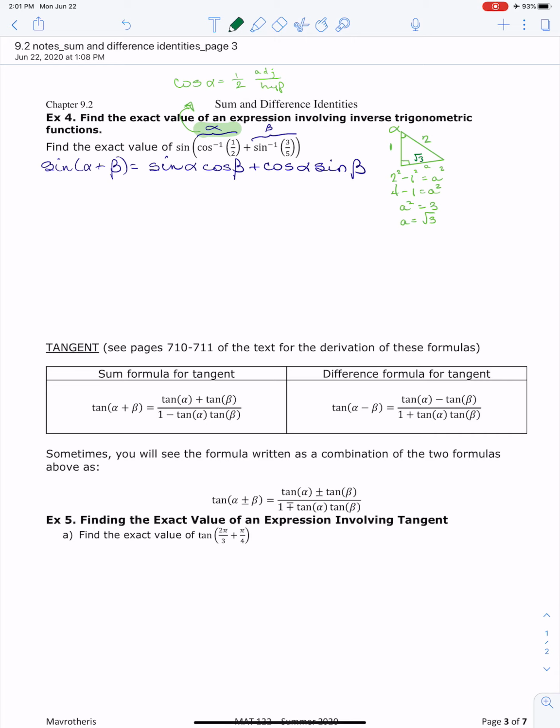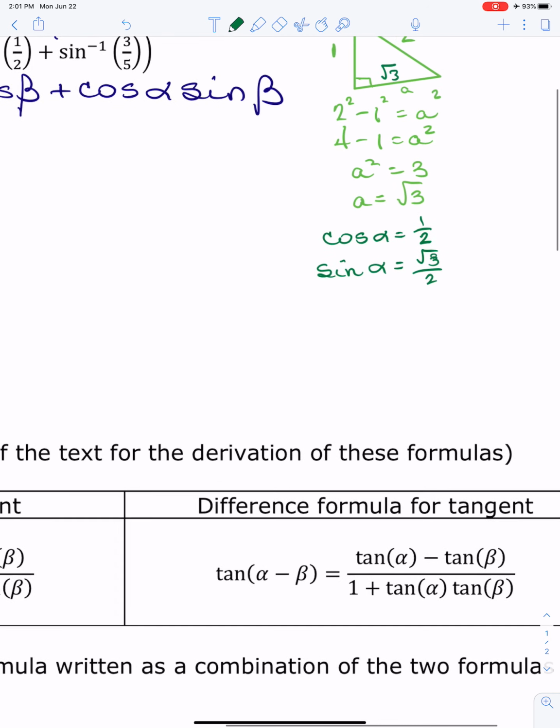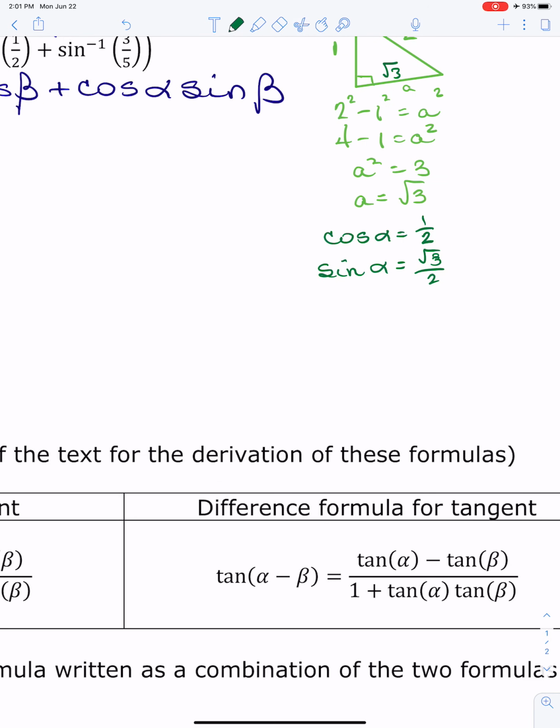That means that if my cosine of alpha is 1/2, my sine of that same alpha is square root of 3 over 2. And this looks somewhat familiar, right? We have places on the unit circle where the cosine is 1/2 and the sine is square root of 3 over 2.